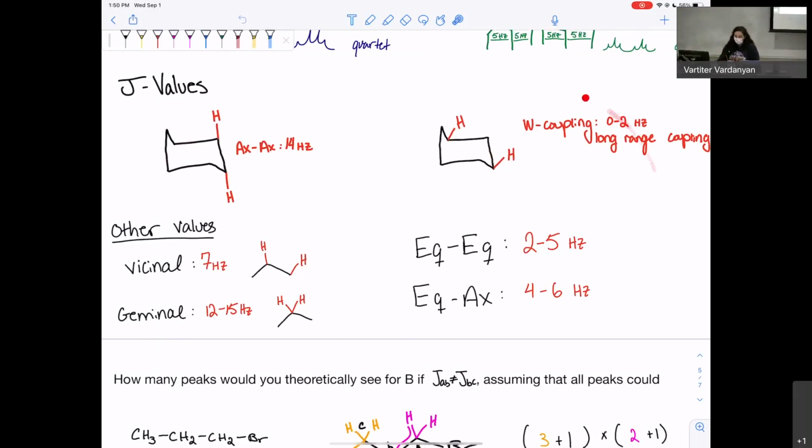These are the only ones you should know. Vicinal is obvious. This is normal. You should know this one for sure. Geminal, once in a blue moon, pops up. W, once in a blue moon, pops up, but this is his favorite one. Sure. Yes. I don't remember the Karplus curve anymore, if we're being honest. It's 180.